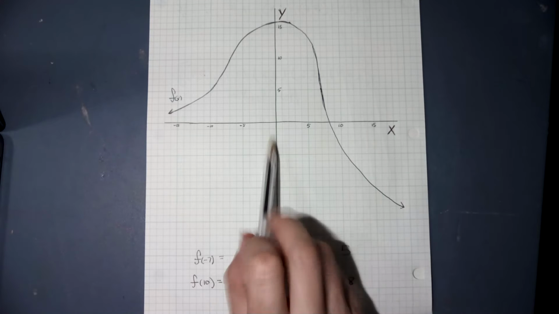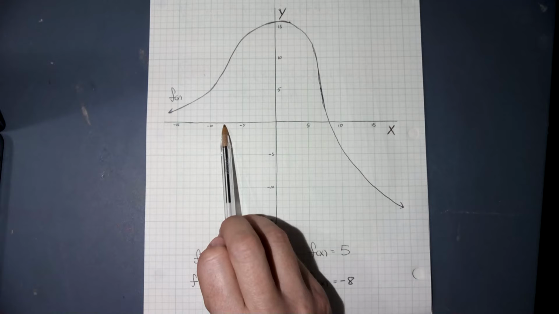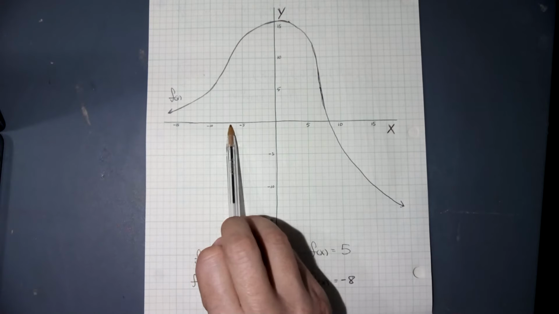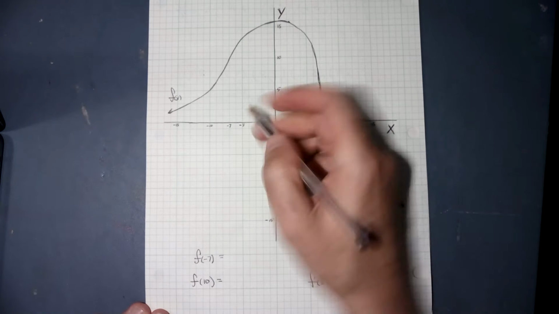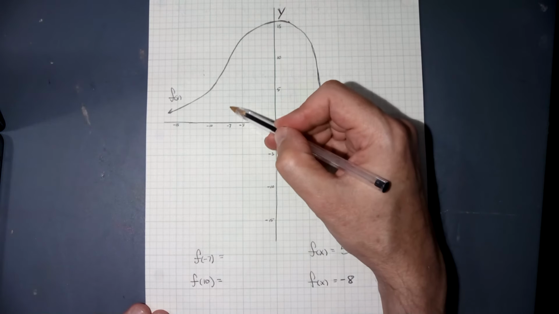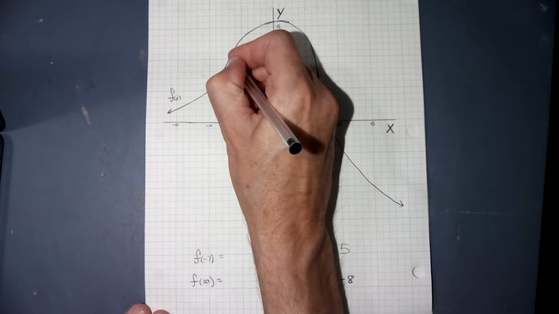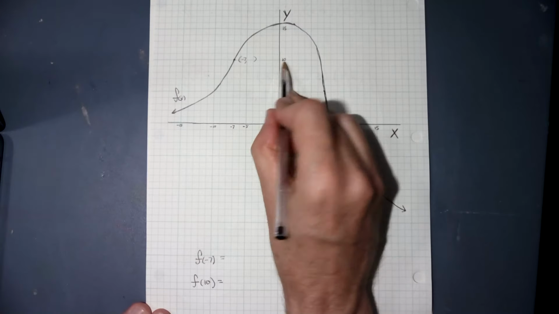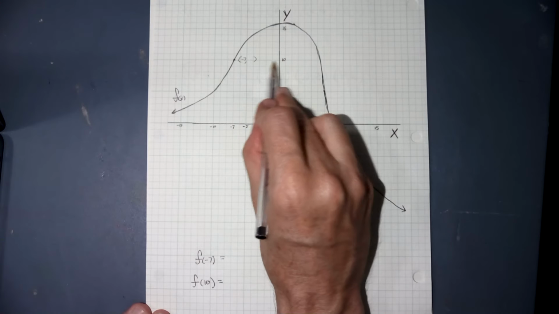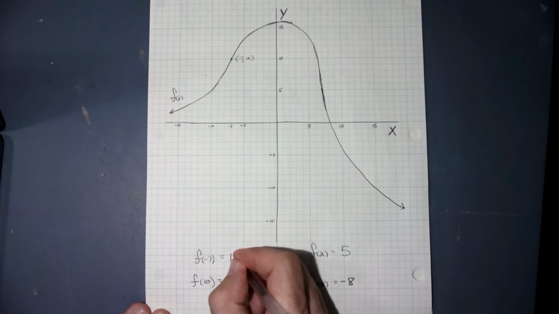So I go along the x-axis till I find -7, and then I'm going to look up or down until I find where that function exists. So I come up along this line, and I find this value right here that has an x value of -7 and a y value, if I look across over here, of 10. So f of -7 is 10.